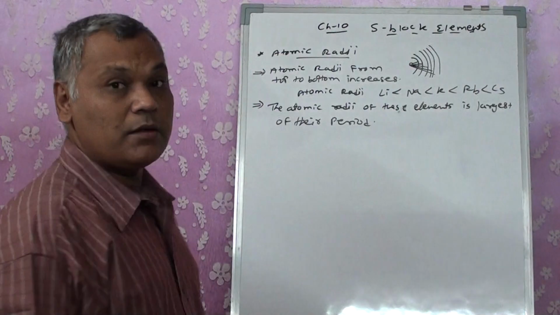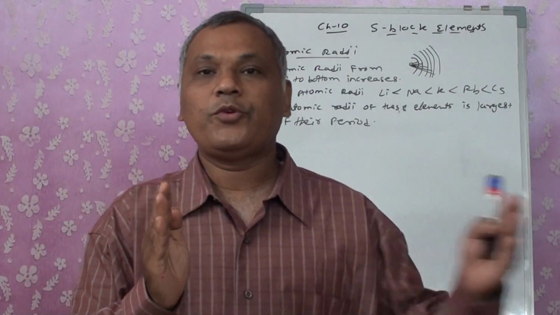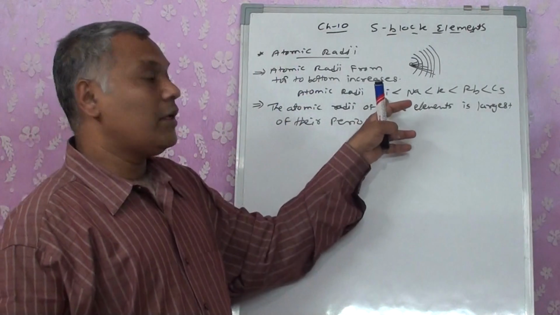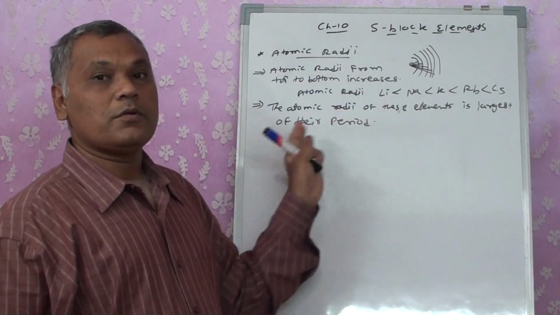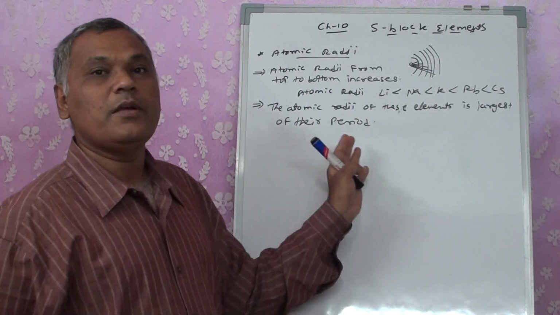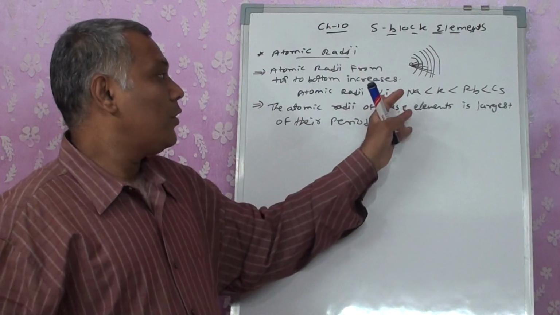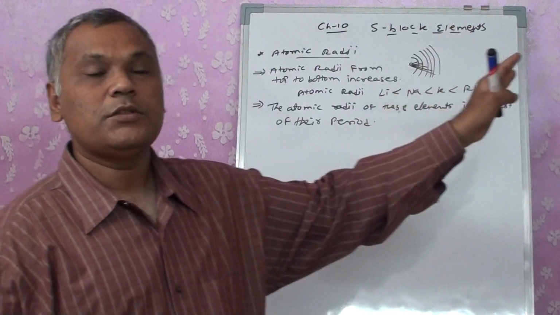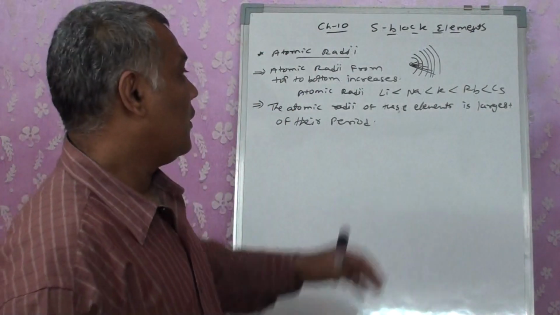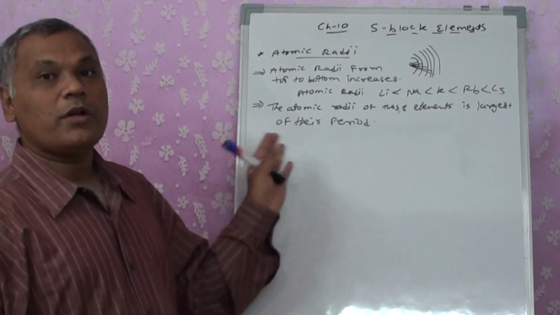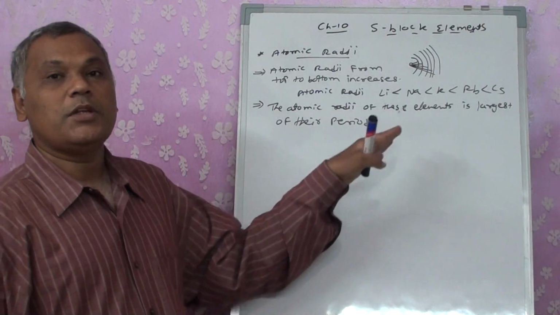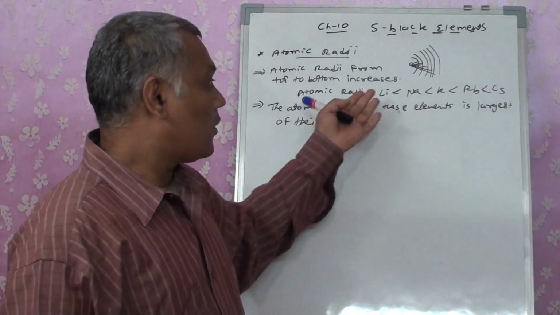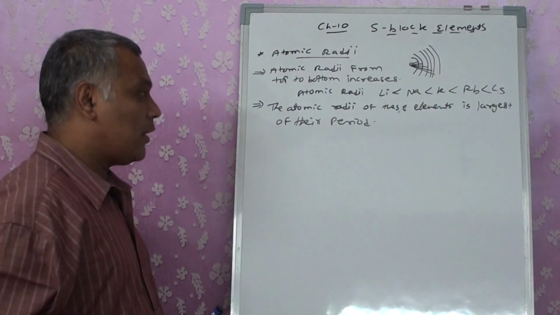In the period, they are the largest in size, because left to right atomic radius decreases, and these are all elements of the left side. So lithium is the biggest of the second period. That means lithium will be biggest compared to the next ones, beryllium, boron, nitrogen, oxygen, fluorine and neon, right? Sodium is the biggest compared to magnesium, aluminium, silicon, phosphorus, sulfur, chlorine and argon, right? So in the periodic table they are the largest.